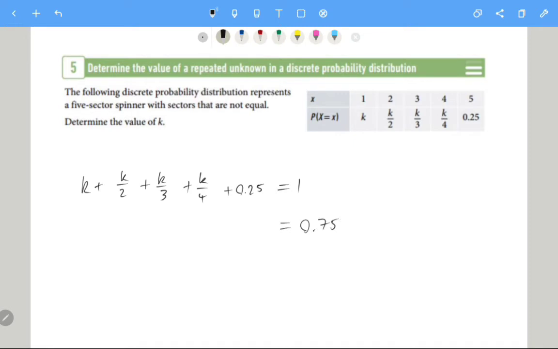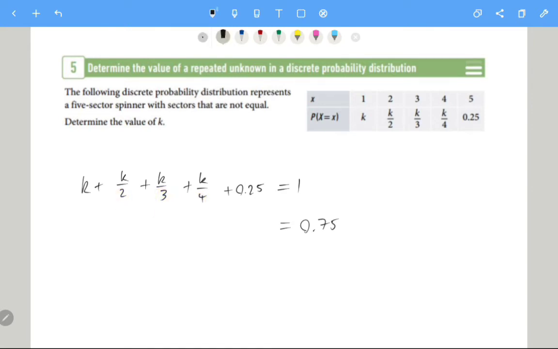0.75. For the left-hand side, every single one of these has got a different denominator. Denominator of 1, 2, 3, and 4. So how can I most easily get them to have the same base? Well, 4 and 2 share a common factor, and the lowest common denominator between 3 and 4 would be 12.